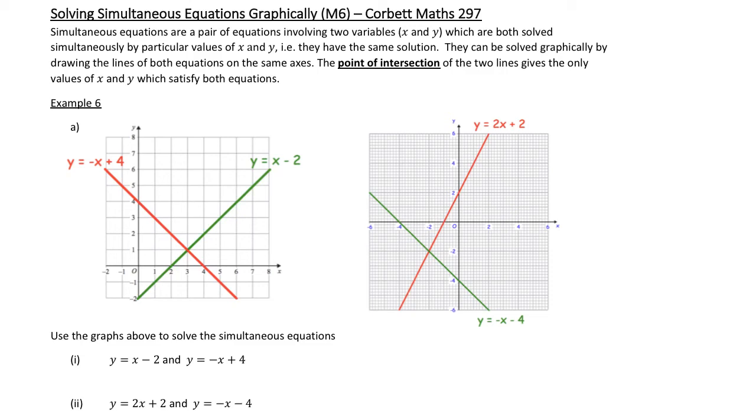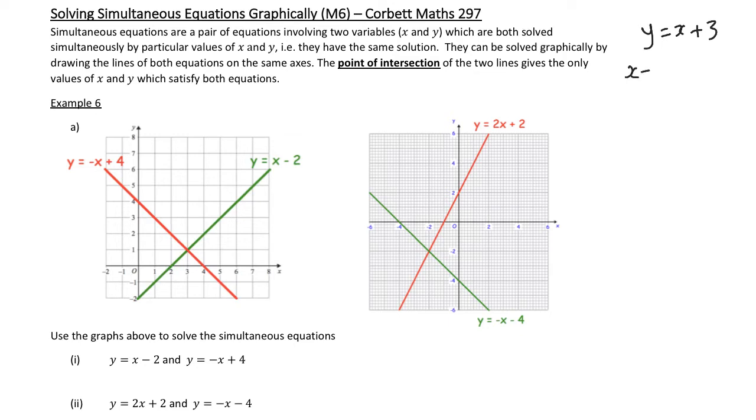Solving simultaneous equations graphically. Simultaneous equations are a pair of equations involving two or sometimes more variables, and they're solved at the same time. Now, if we have an equation like y equals x plus 3, there are lots and lots of different values of x and y which satisfy that.